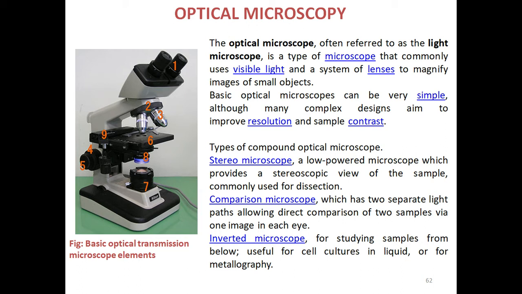Next, the comparison microscope, which has two light sources or paths, allowing comparison of two samples via one image in each eyepiece. Then the inverted microscope for studying samples from below, useful for cell cultures in liquid or for metallography.